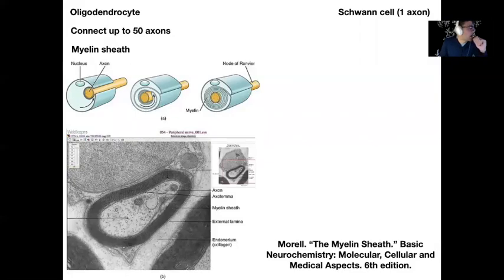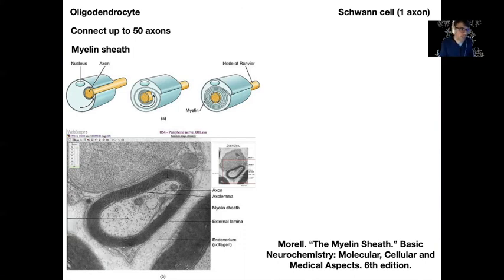This oligodendrocyte can connect up to 50 axons, and they're going to wrap, as I said, the axons with a myelin sheath. The wrapping of myelin is complemented by Schwann cells, which are other glial cells that do the same job, but for a single axon.